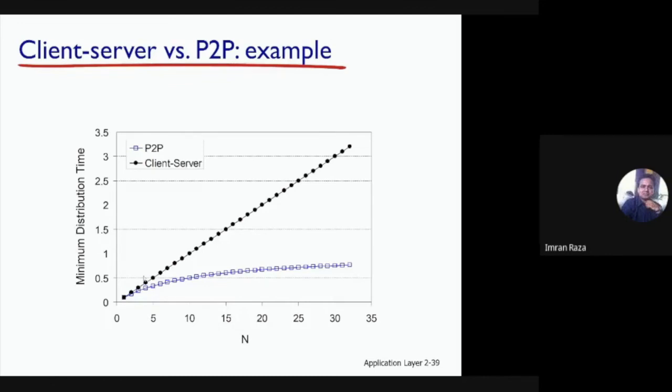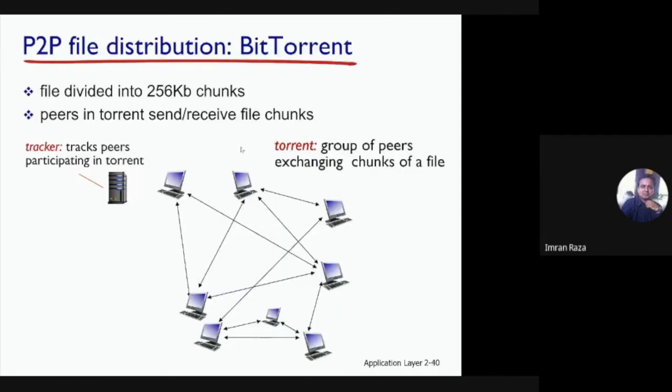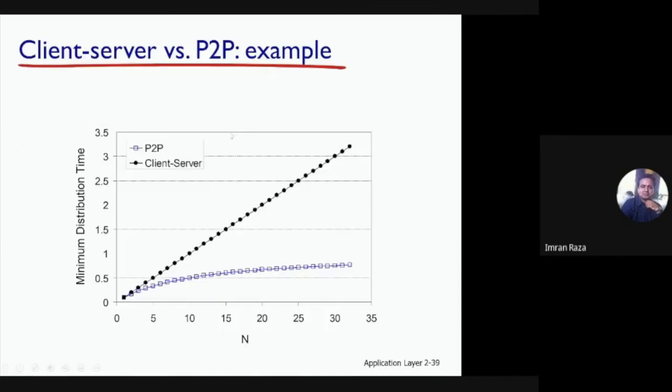So look at the graph of the client-server environment. As the number of nodes increases, the time to distribute a file also increases linearly. Why? Remember, it was sending n copies of a file divided by the upload capacity of the server.